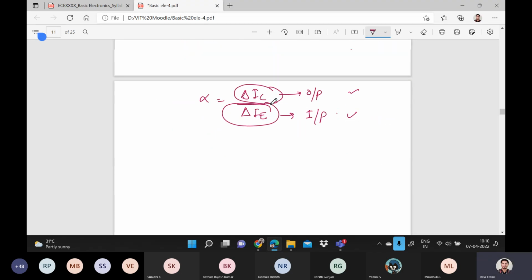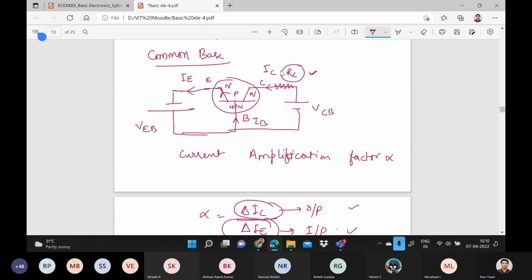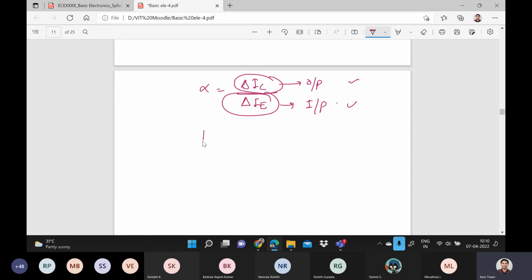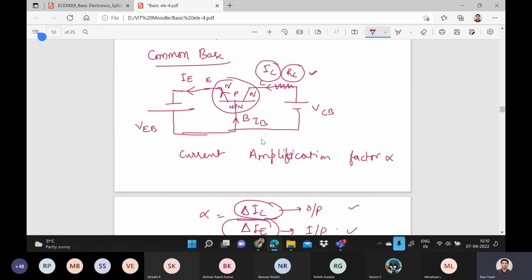Now, this is the collector current, and collector IC is equal to alpha IE. But the problem is that it's reverse biased. In the reverse bias, what is happening?